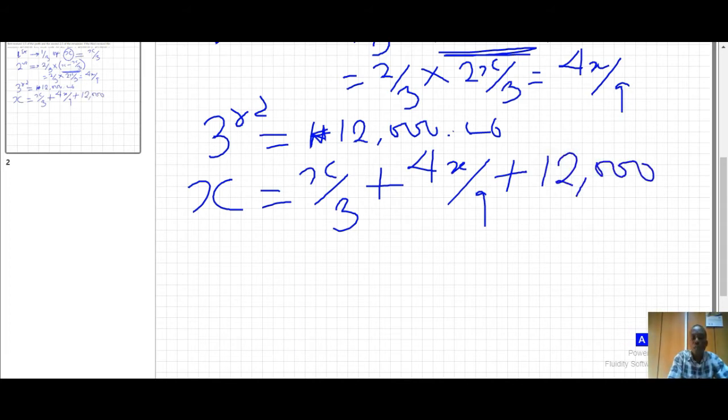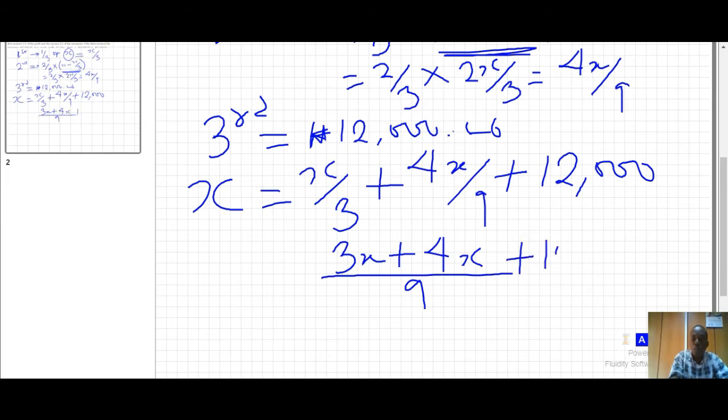Now if you simplify this, we are going to get a value for X. The LCM will be 9. 9 divided by 3 gives 3, 3 times X gives 3X, plus 9 divided by 9 gives 1, 1 times 4 gives 4X, plus 12,000 naira.